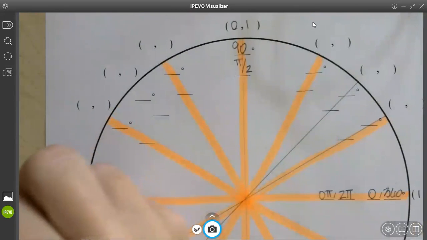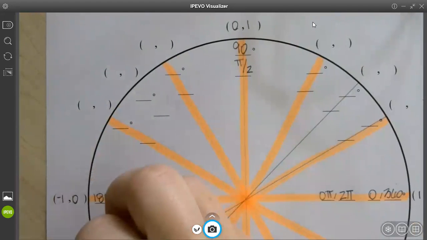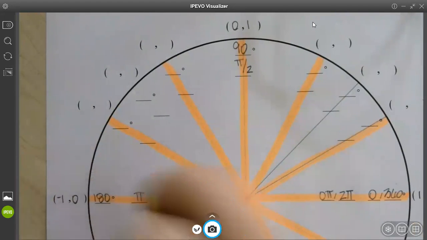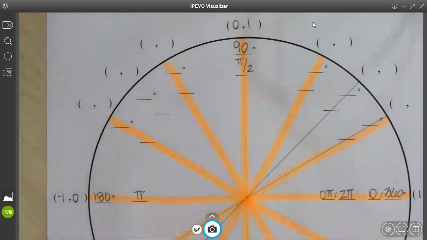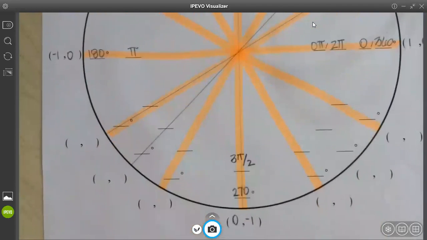To the side, -1, 0, 180, and pi. And then your 270, so 0, -1, 270, and 3 pi over 2. So make sure you put those. And then we'll talk about the other ones.